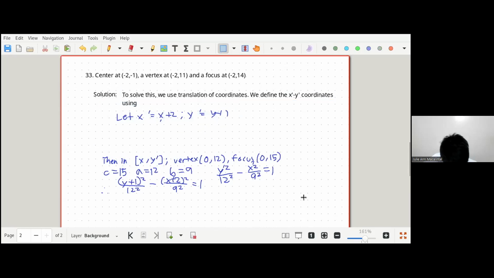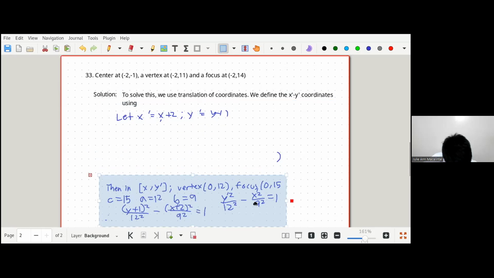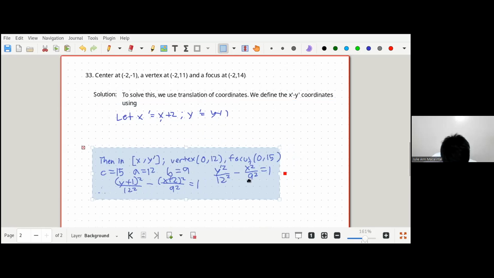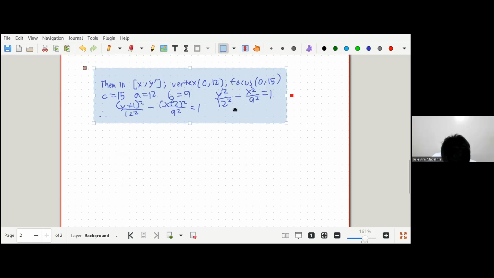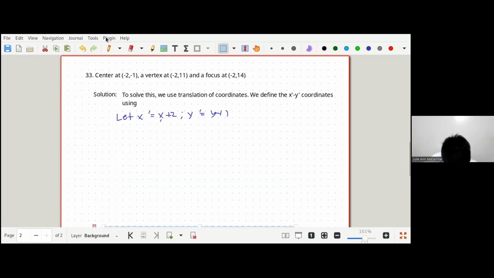Okay. Now, para maging mas malinaw yung ano, to make things easier to read, gawa tayong table. So, baba ko pa yan. So, yung table natin ganito. So, primed, and then unprimed.